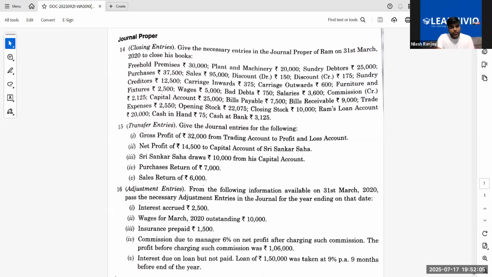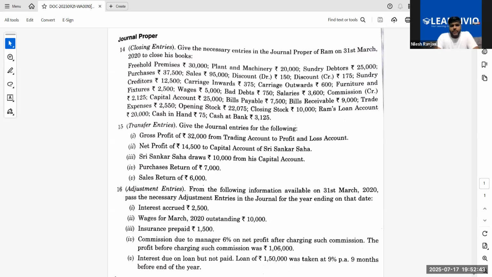So we should start the theory chapters first. After this, we will complete the two theory chapters in the syllabus: the expenditure and income chapter and provision. That's only two chapters. If there is a third one, I will see the book.